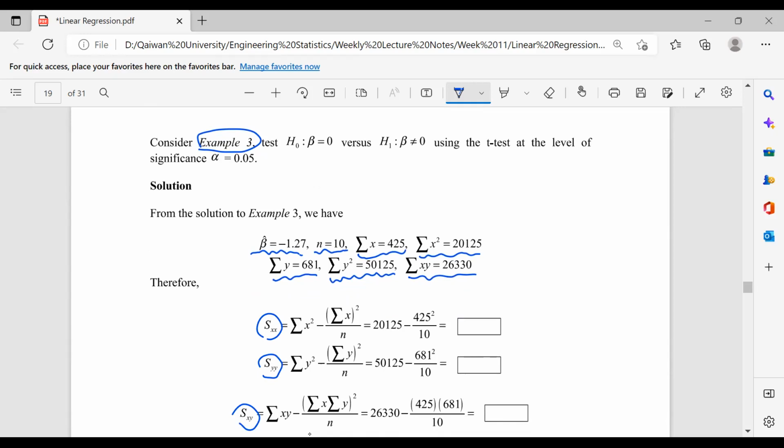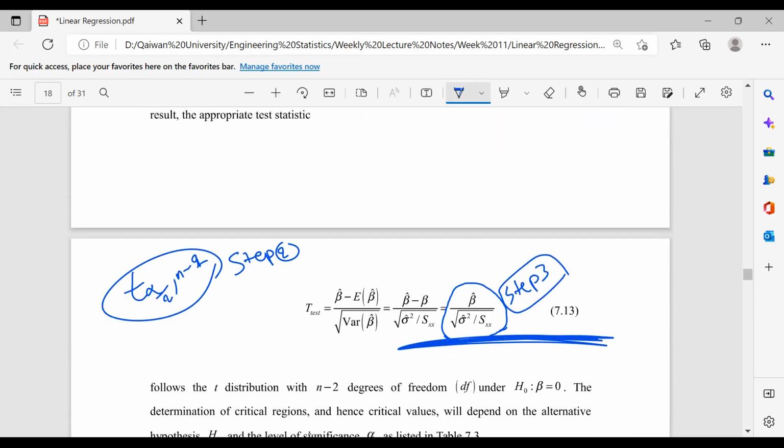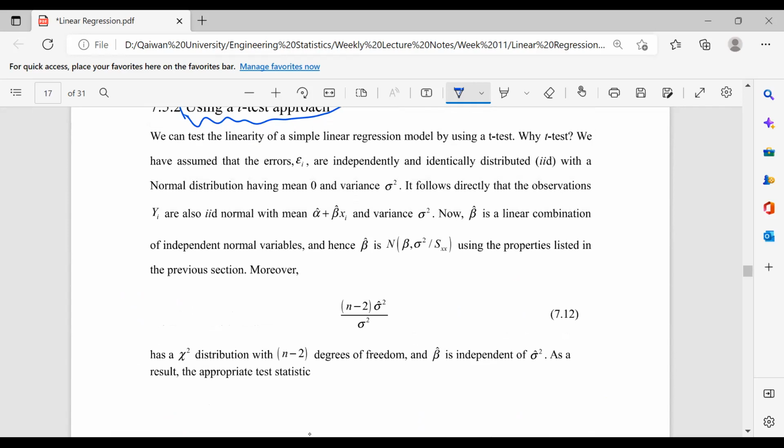Why? Because here we have this rule. The t-test statistic is beta hat divided by the square root of sigma hat squared divided by s sub xx. Sigma is not given in the example, but we have a rule for finding sigma.